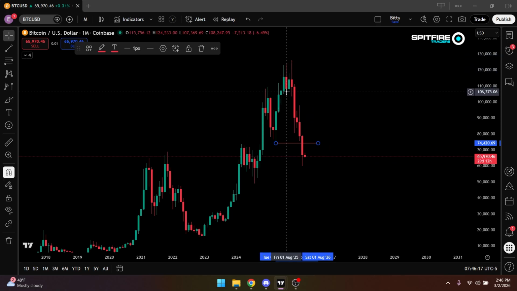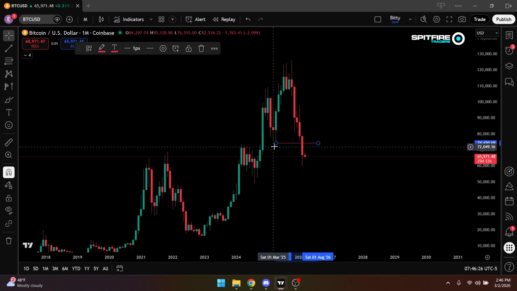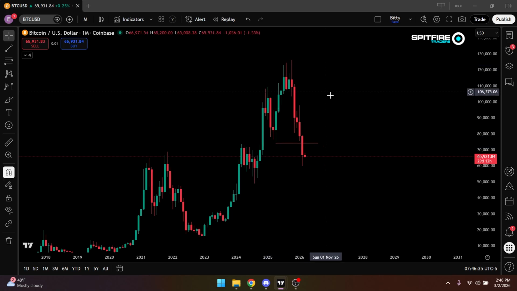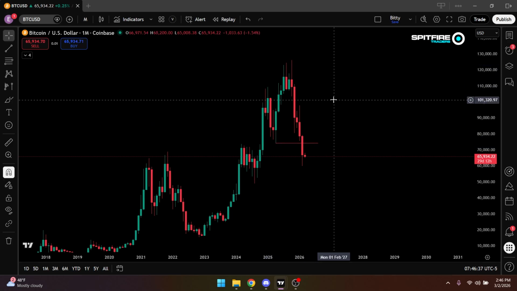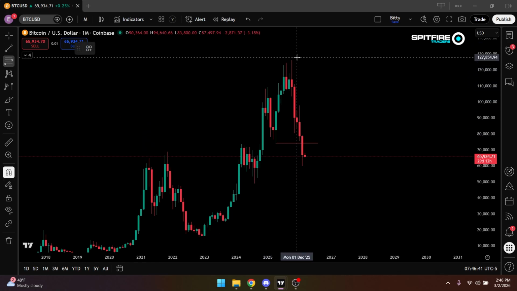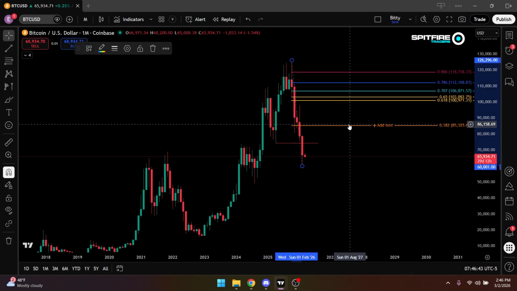Yes, you can say that we had our first market structure break up here on this red candle, but in terms of swing lows, this one is the clear one that gave us the all-time high. So because we have this market structure break here now, we can see a potential up in our fib retracement that we had on our charts since quite some time. The only question now is, will she go up first or down?